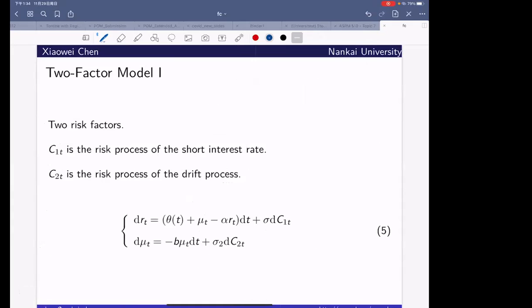And we also create another model, because in the bond market, the interest rate is affected by a lot of macroeconomic factors. The very important one is the inflation rate. Inflation rate is a very important factor that has a direct effect on the interest rate.